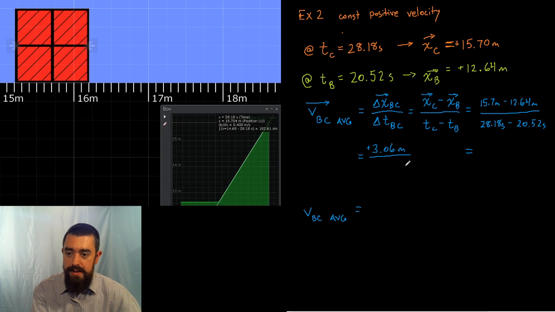So to the right. Dividing by the quantity. Okay, let's do 28.18 minus 20.52. And 7.66 seconds was the time interval. All right. Great.